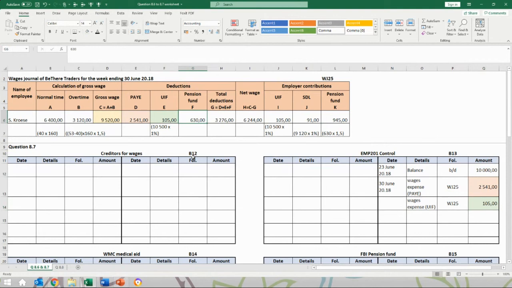I'm just going to repeat that. Column F, the pension fund that was deducted from an employee's gross wage. To which general ledger account will we take that amount?